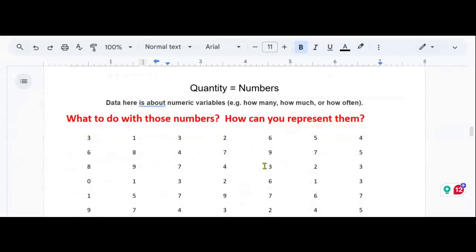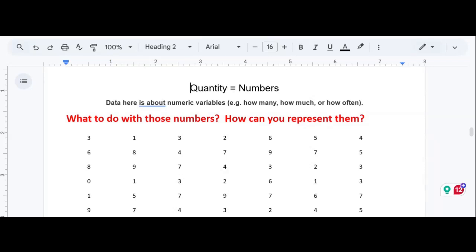Now I'm going to give you a sheet of paper which has some numbers. And then I'm going to ask you the question, what can you do with those numbers? Okay. Can you just read it? Now, numbers means what? What type of data is this? Quantitative data.